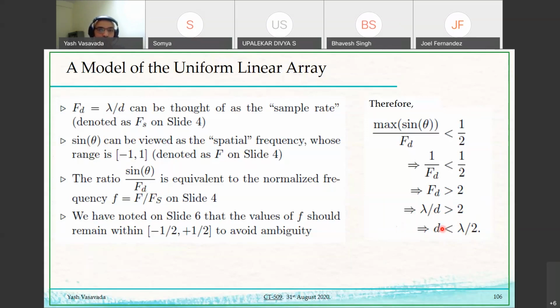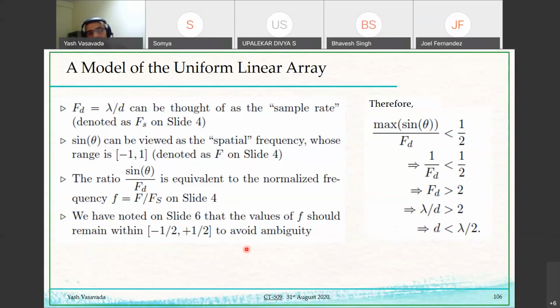Because both of those signals will look exactly the same to the antenna array. I think one of the experiments that you had performed showed that if you had some frequency 1/8 and 9/8, if the sample rate is 1 hertz, sorry, 1 sample per second, then 1/8 and 9/8 look the same, identical.